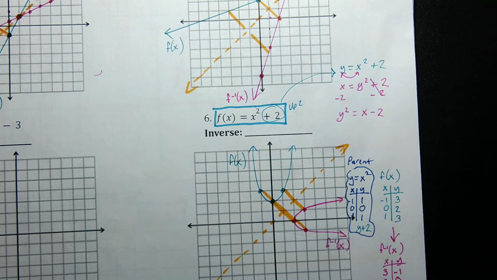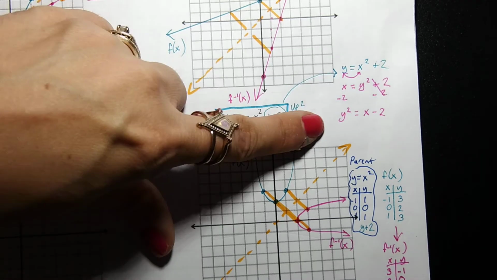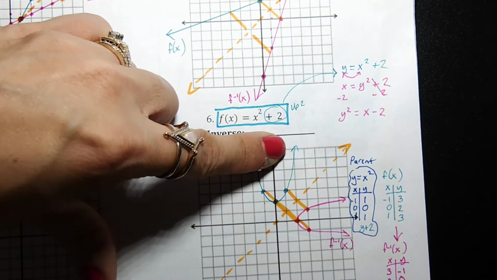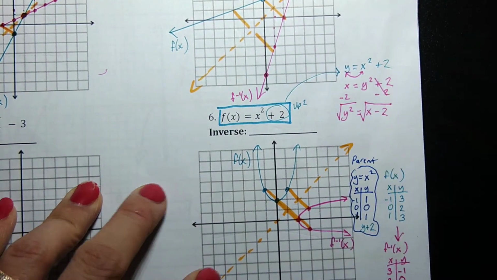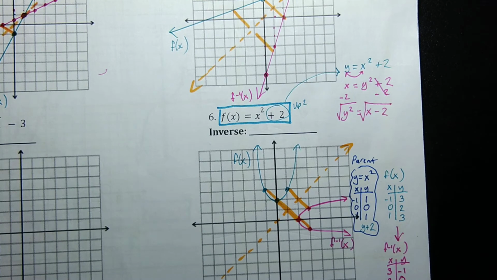So we need to try to get the y all by itself. But right now, y is squared. So if we think about solving and using opposite operations, what's the opposite of squaring something? Square root. And here's our first new piece of info.